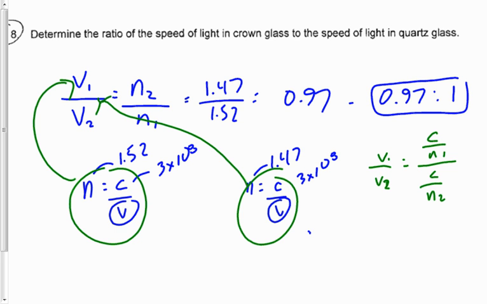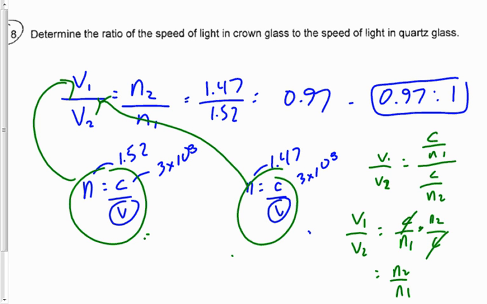Agree with that? If I just sub in the equation that I got from the index of refraction equation for V1 and for V2, it's kind of an ugly looking equation, but if I simplify that a little bit, I get V1 over V2 is equal to c over n1 times n2 over c, multiplied by the reciprocal. Let's cancel out the c's, and what do I end up with? n2 over n1. So in the end, we end up doing the exact same thing if we do it that way. It's just a little bit longer of a method.